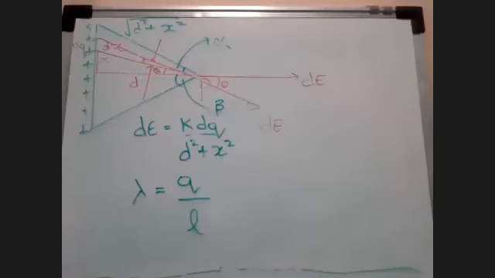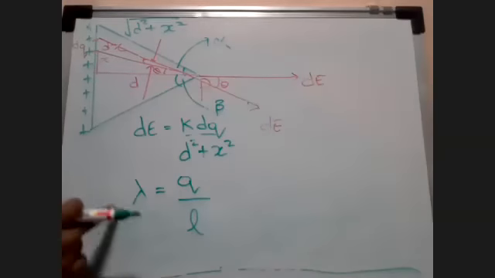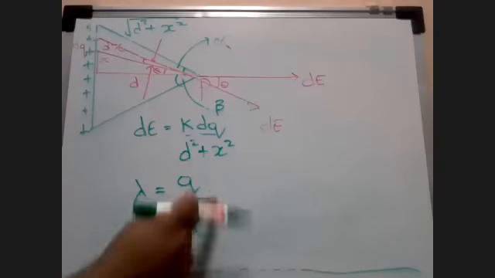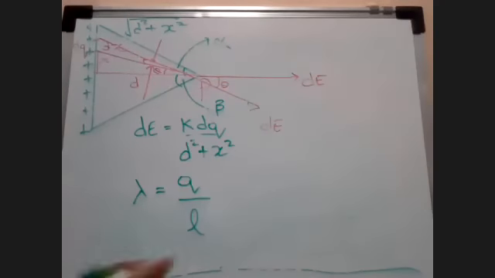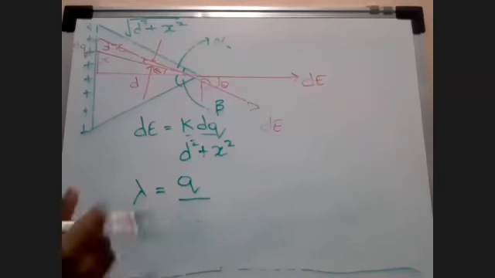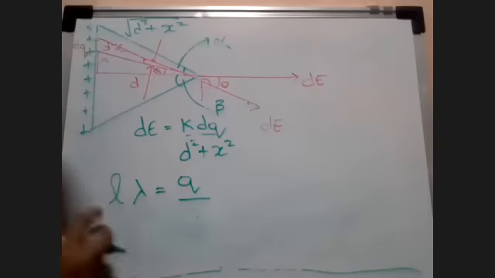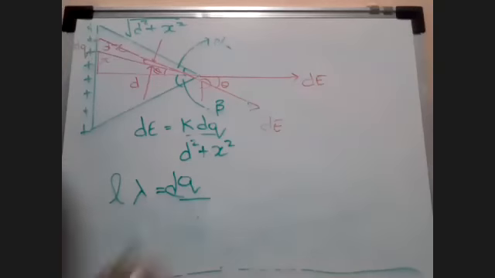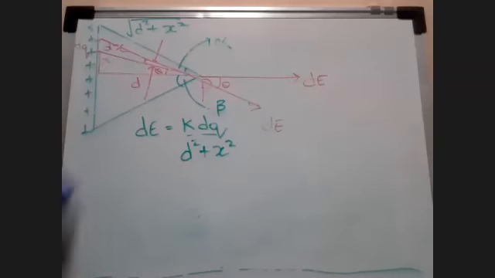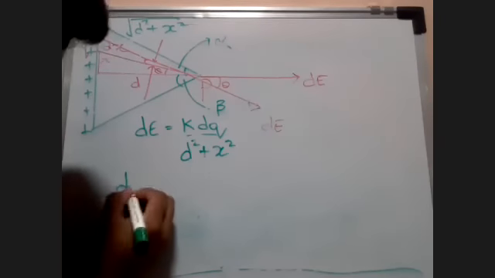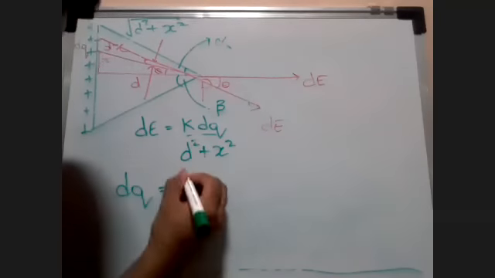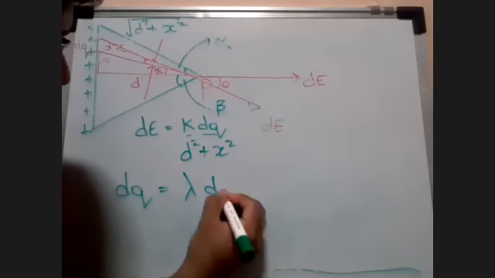So charge density lambda is equal to Q by L. Taking L over here, I'll drop this L off, and this will become lambda L equal to Q. So the differentiation of dq will be equal to lambda into dl.